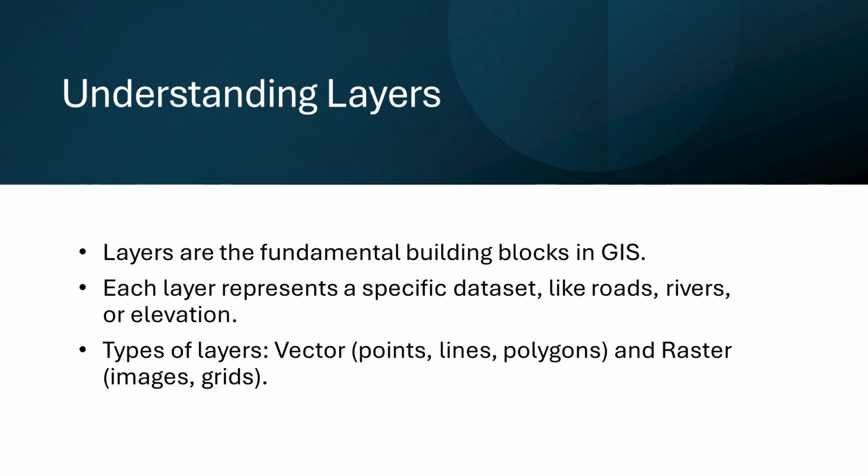Each of these layers holds spatial data and overlays on a map. Layers can be divided into two main types: vector layers, which consist of points, lines, and polygons, and raster layers, which are often images or grids representing continuous data like temperature or elevation.